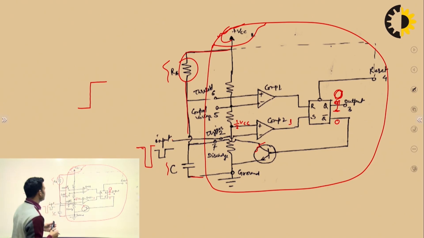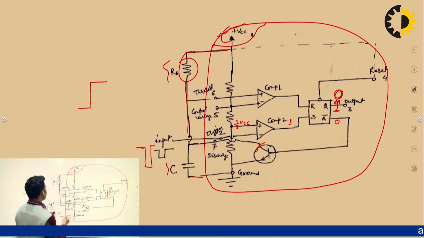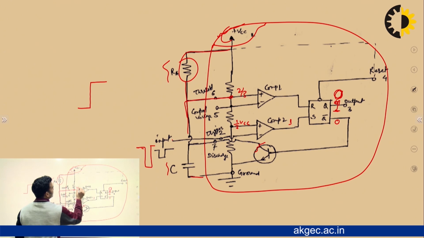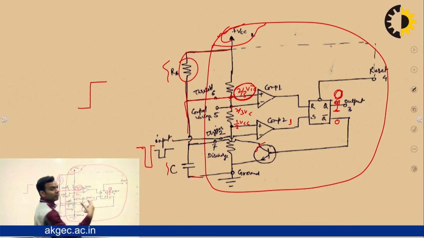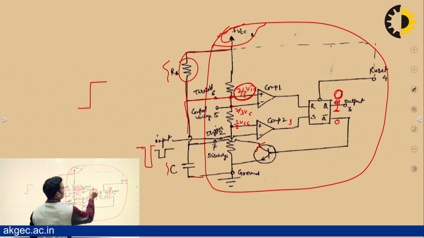So as the voltage across this capacitor becomes slightly less than 2 upon 3 VCC, because this voltage is already 2 upon 3 VCC, it is fixed, and as the potential of this terminal will also become 2 upon 3 VCC, then this comparator 1 will become active and its output will become 1, that means reset.